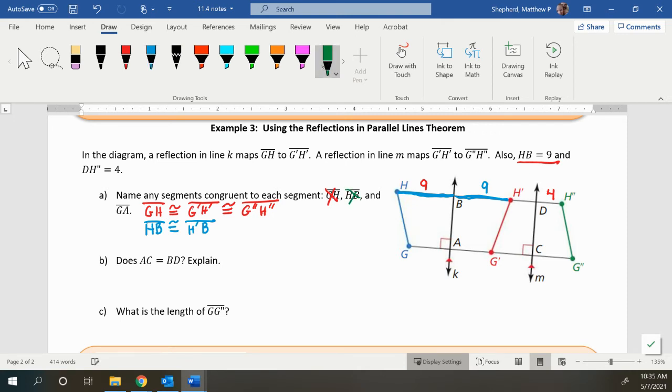Finally, GA. So GA is right here. So same thing. Even though I don't know the numbers, it's just going to be the same as the G prime to A.